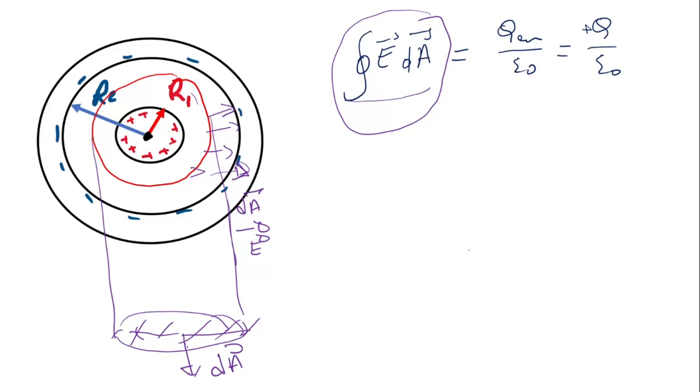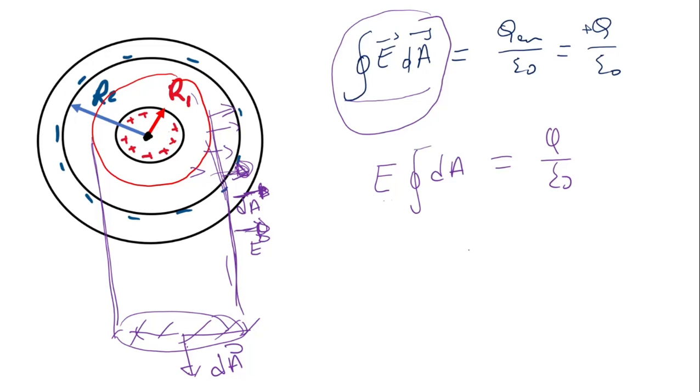The electric flux is just E times the integral of dA, which equals Q over epsilon 0. I put E outside because all along the lateral area it is constant in magnitude, and there is no angle because the electric field and the lateral area vector are in the same direction, so cosine theta is 1.